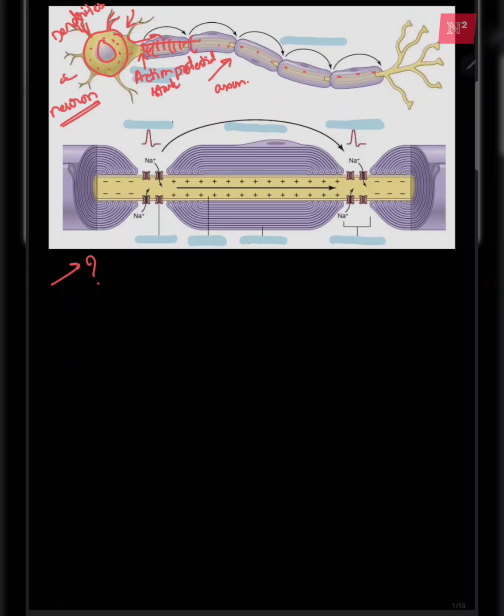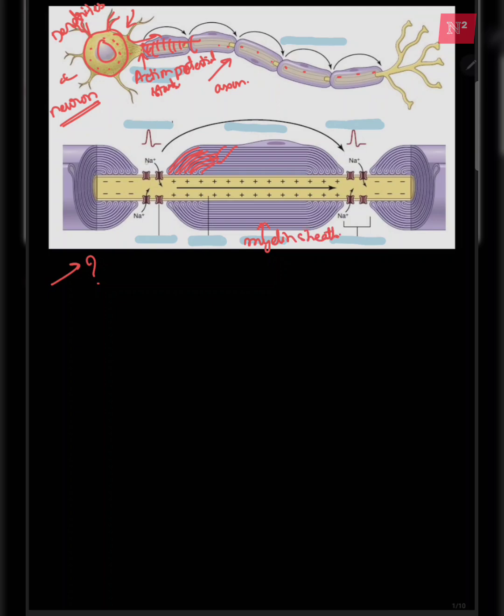Okay, so the layer that you can see has been shown very clearly in this picture. You can see there are layers of lipid membrane. Okay, these are called the myelin sheath.